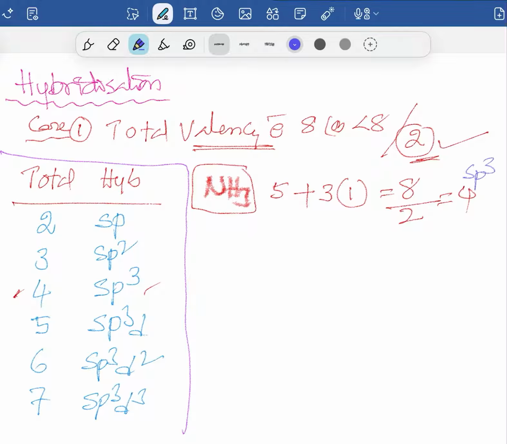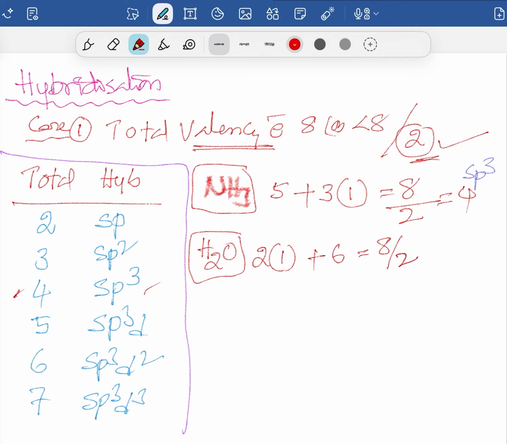The next example is water, H2O. How do we find the hybridization of water? It contains 2 hydrogens, and oxygen's valence, the group number, is 6. The total is 6 plus 2, which is 8.